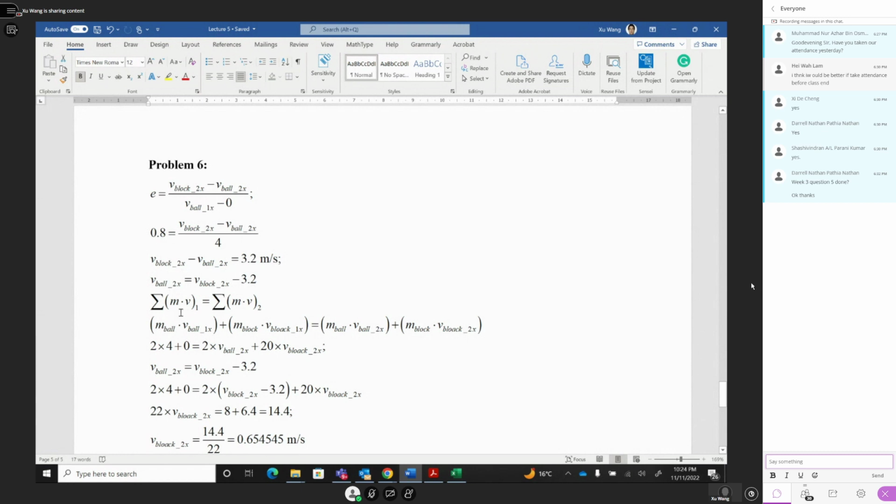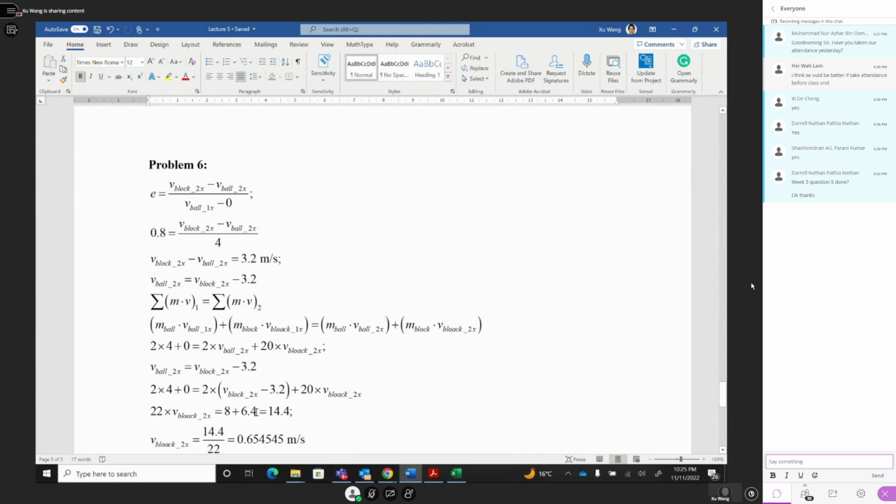The second one, we get the momentum balance. Before impact, mv: the block equals 0, so no momentum of the block. Only the ball has momentum, m times velocity. After impact, both the ball and the block have velocity. So the ball has 2 times velocity, the block has 20 times velocity. So you have this unknown, this unknown. You have two equations and two unknowns, and you should be able to solve for the block velocity and the ball velocity.